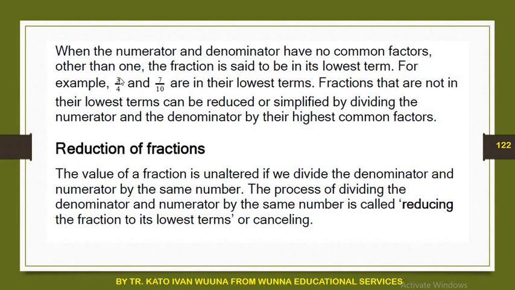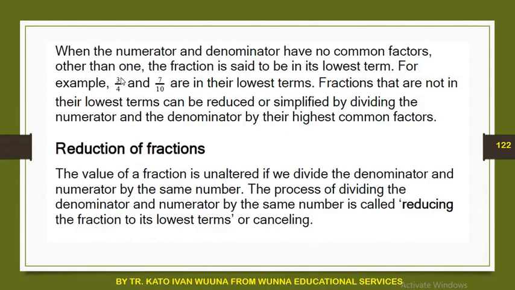3 has only 3 and 1, whereas 4 has 1, 2, and 4. However, 1 is the common factor of 3 and 4, meaning they have no other common factor.